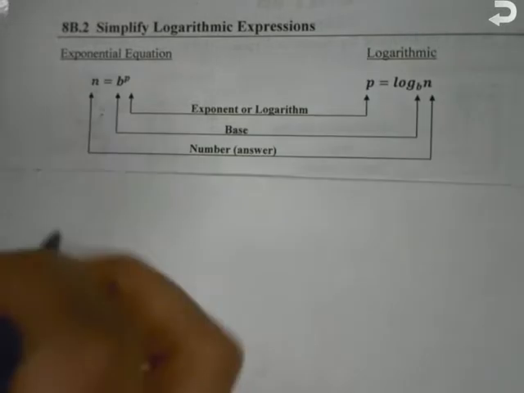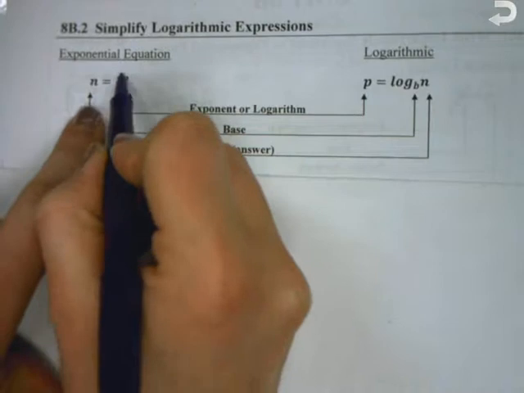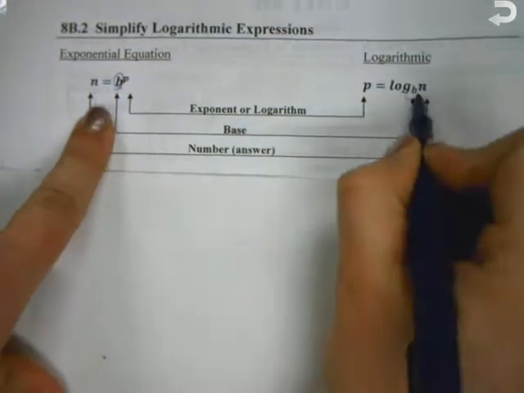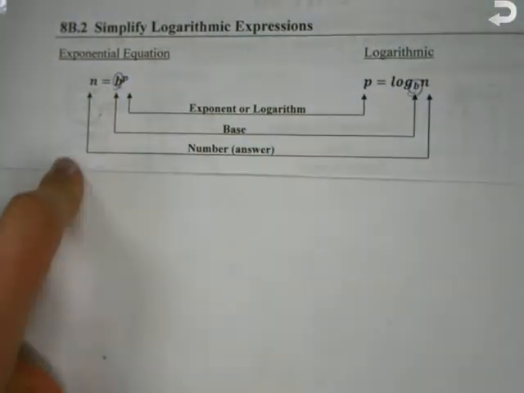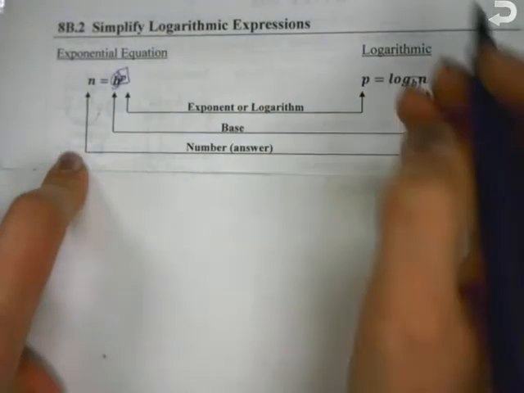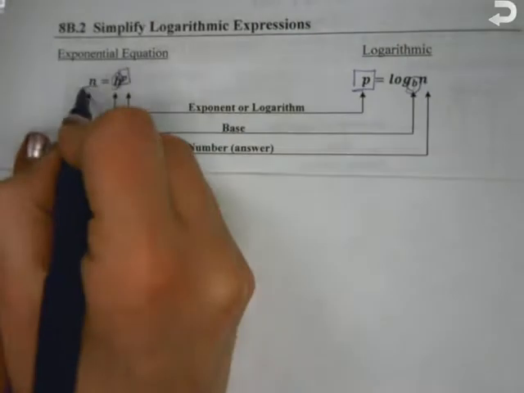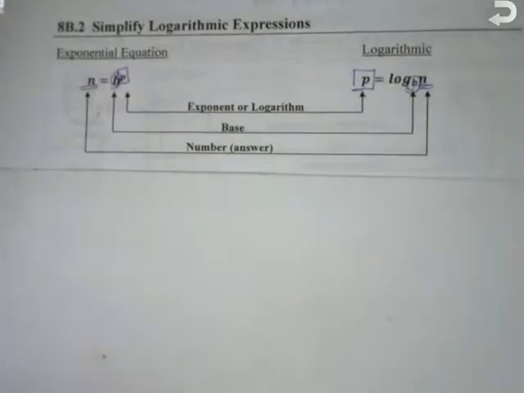So remember, our base of the exponent is the base of the log right here. Our exponent is the actual logarithm, what the log is equal to, and then our number is what we are taking the log of. So we should be able to go back and forth pretty easily now.